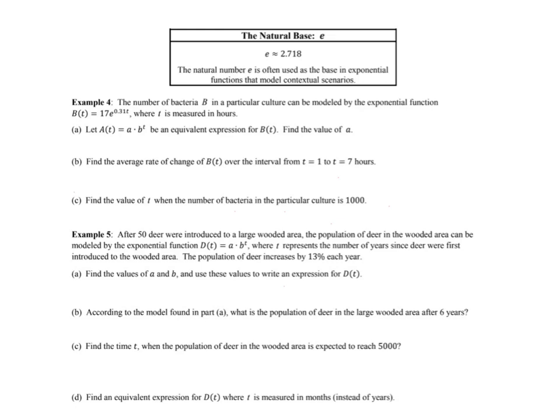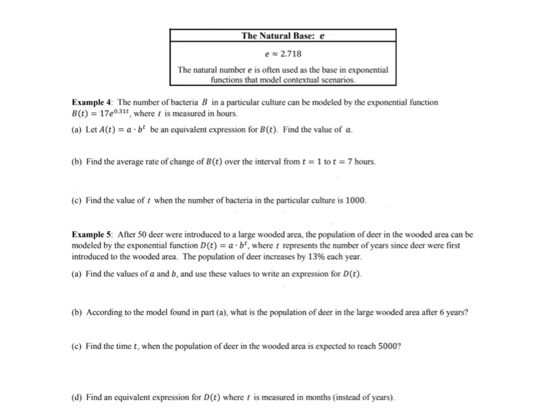Okay, focus. Example 4 says the number of bacteria B in a particular culture, so that's like a culture being grown in a petri dish or something like that. Not culture as in a society, but a culture as in something populating.